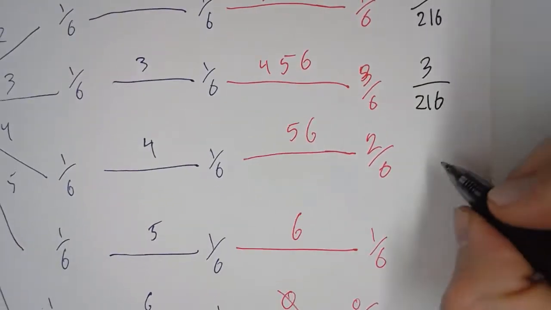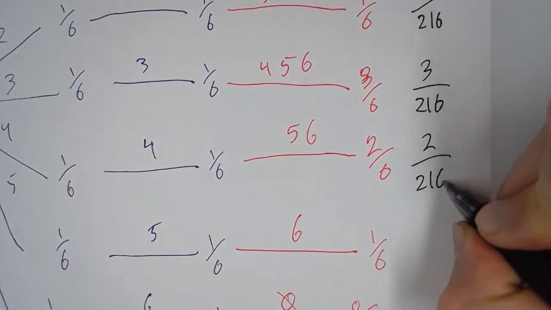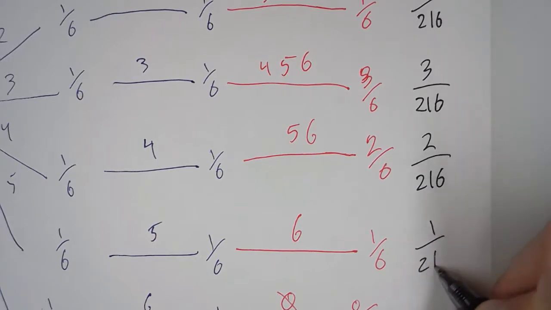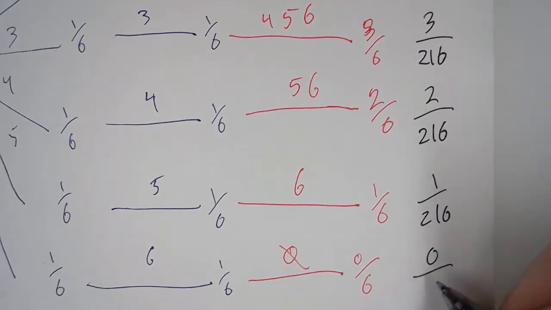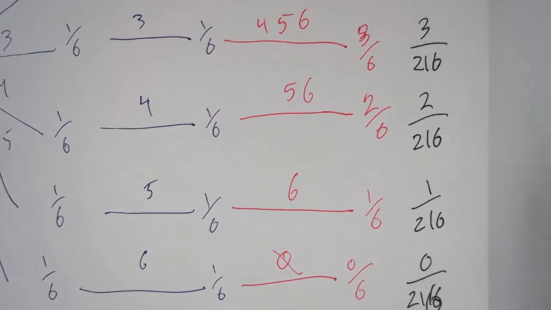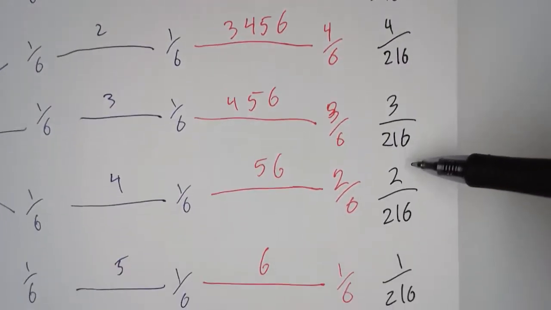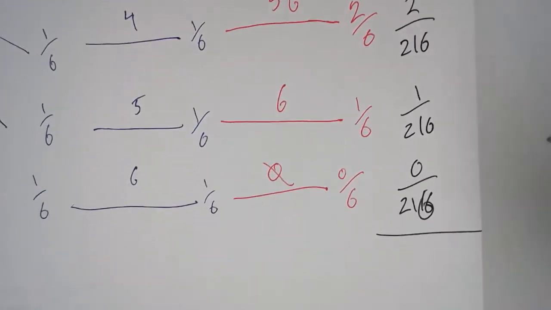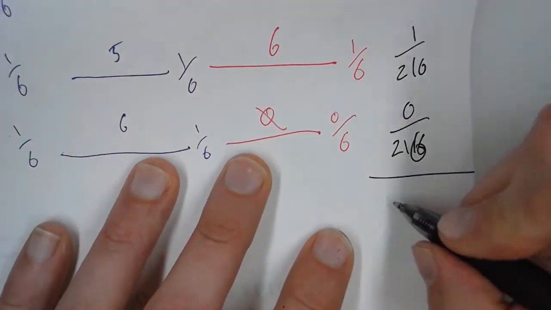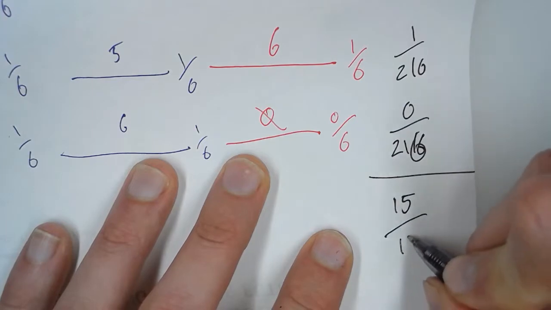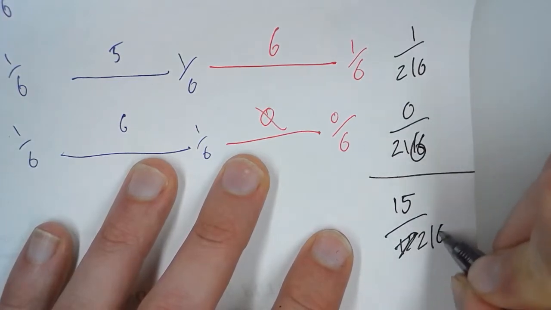So you're noticing that we have 2 out of 216, then 1 out of 216, and then 0 out of 216. So we have to total them all up. 5 plus 4 is 9, plus 3 is 12, plus 2 is 14, plus 1 is 15. So our total probability is 15 out of 216.